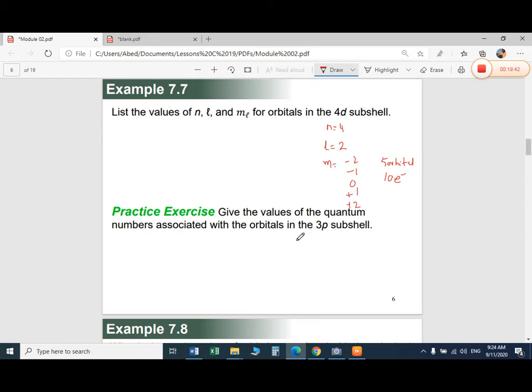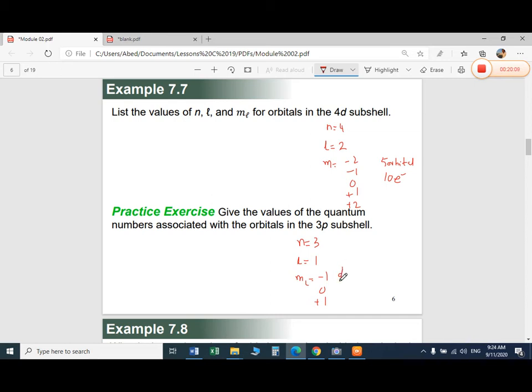3p. So n will be equal to 3. It is showing here, n is equal to 3. And L is equal to, this is p. So 0 is S, 1 is P, 2 is D. So P is equal to 1, and ml will be equal to -1, 0 and +1. So you can describe the answer more.